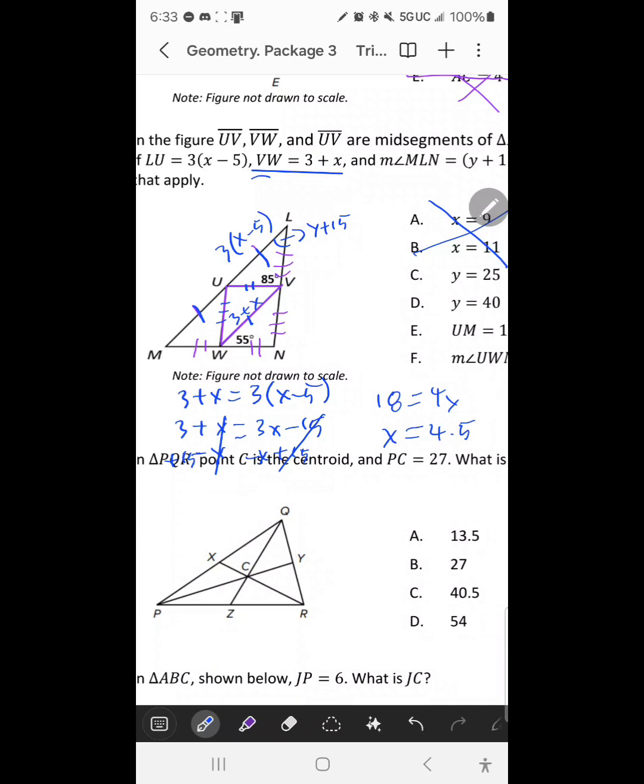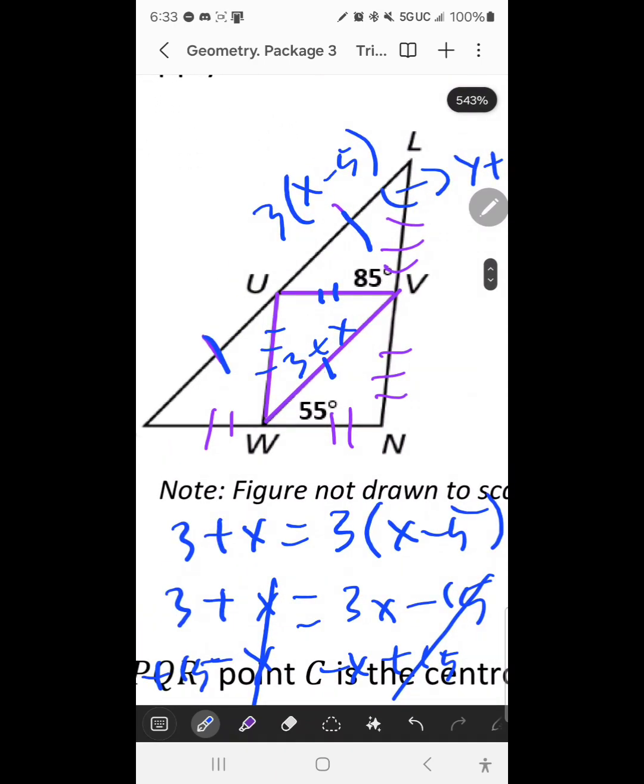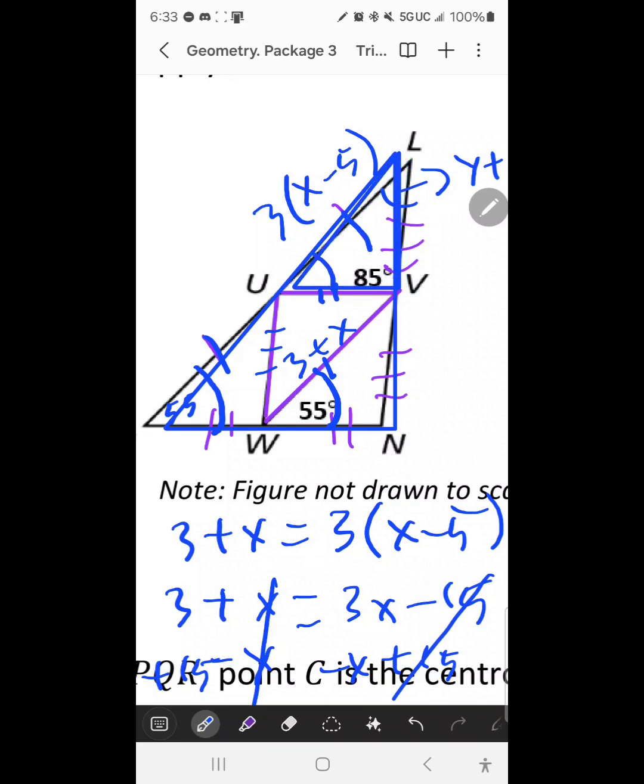First, I can say that this angle equals this angle because this triangle is similar to this triangle. So this is also 55, and then this triangle is similar to this triangle right here, so this angle is going to be similar to this angle, and the y will also be 55.